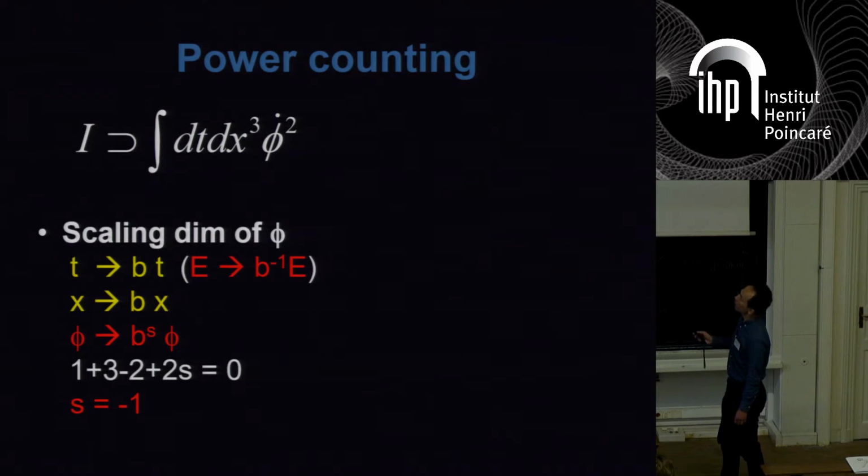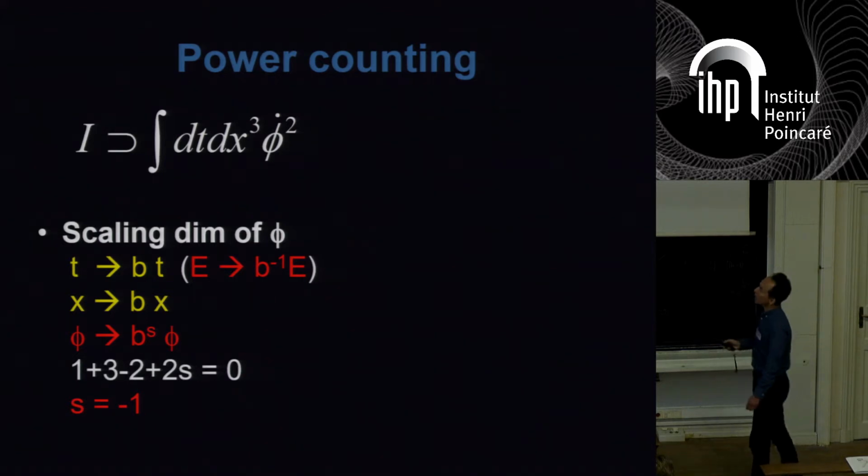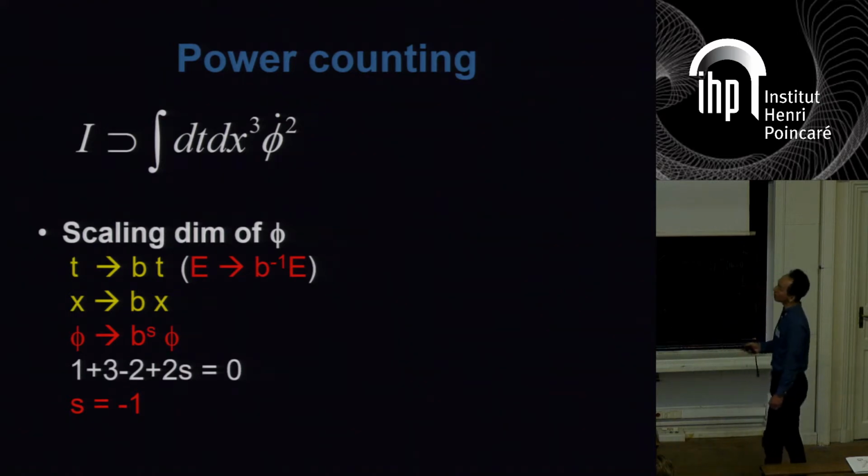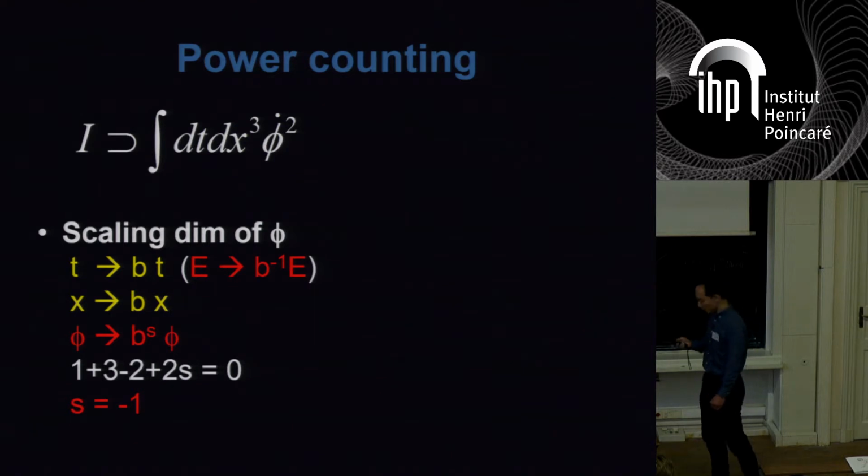So we have 1 factor of b from dt, 3 factors of b from the volume, minus 2 from the 2 time derivatives, because time goes in the denominator, and 2s from the 2 phi's. Then they must sum to 0. We have s equal to minus 1. Namely, the scalar field scales like energy, as we know.